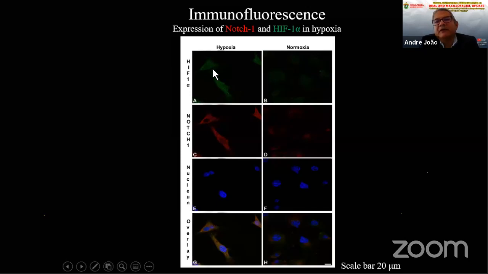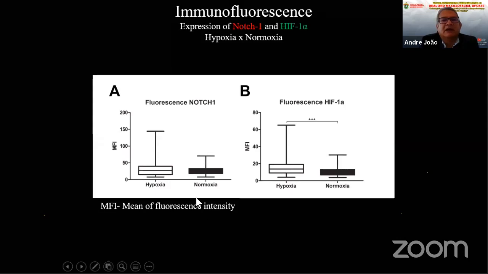Look, you have a higher expression of HIF-1 alpha and NOTCH1 in hypoxia condition than in normoxia condition. The graph shows the fluorescence intensity. We quantified the fluorescence intensity of NOTCH1 in hypoxia and normoxia, and HIF-1 alpha in hypoxia and normoxia.